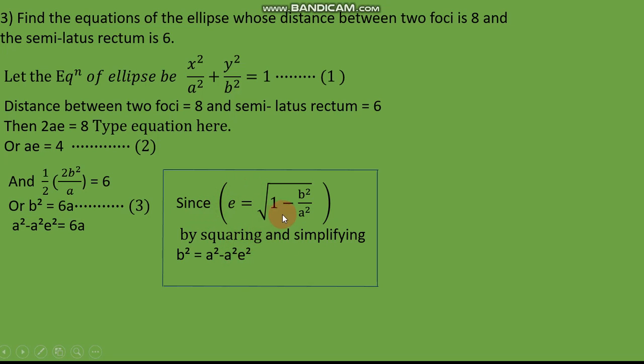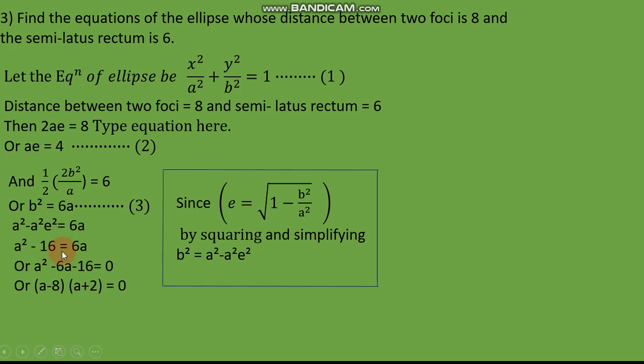So replacing this b square by a square minus a square e square, that means ae whole square, and in place of a we can replace by 4. So look at here, a square and this is ae whole square, that means square of 4, that is 16, 6a as it is.